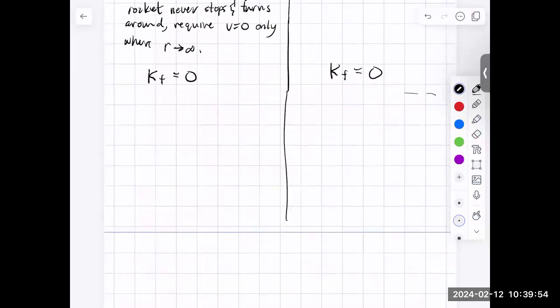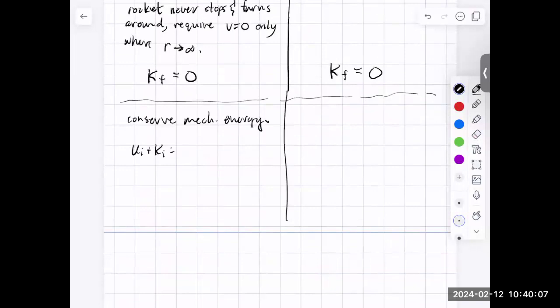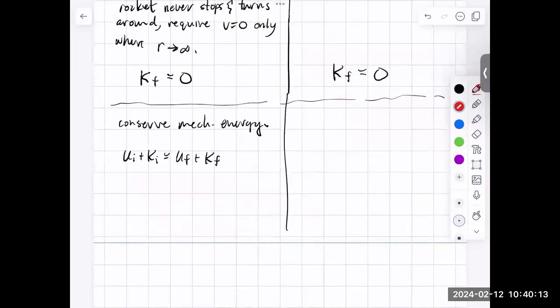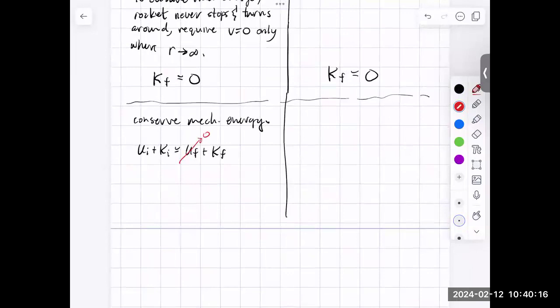Finally, we can conserve mechanical energy. U initial plus K initial is equal to U final plus K final. But a lot of this is 0. The final potential energy is 0, and the final kinetic energy is 0. So minus U initial is equal to K initial.